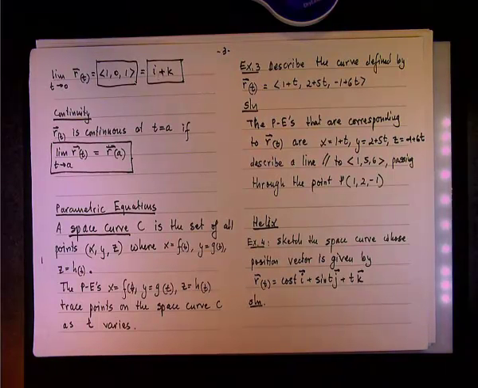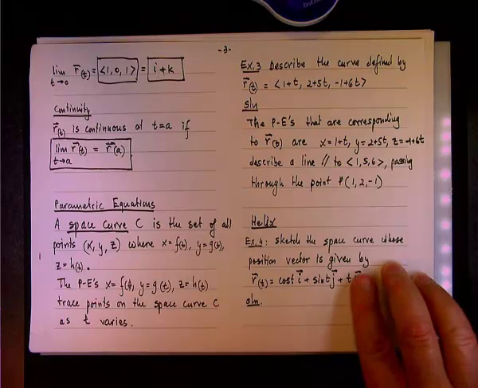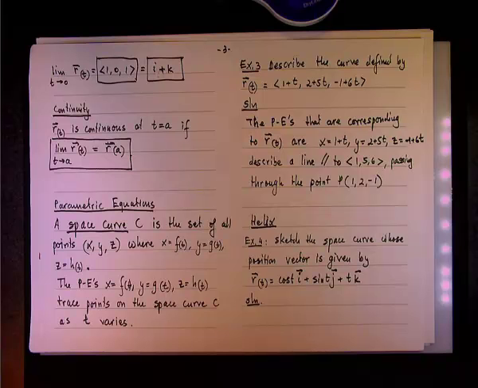If you consider just the i and j component, what does it look like? If k did not exist, it's a circle. If you have x correspond to cosine t, y correspond to sine t, then if you square them both, you have x squared plus y squared equal 1.